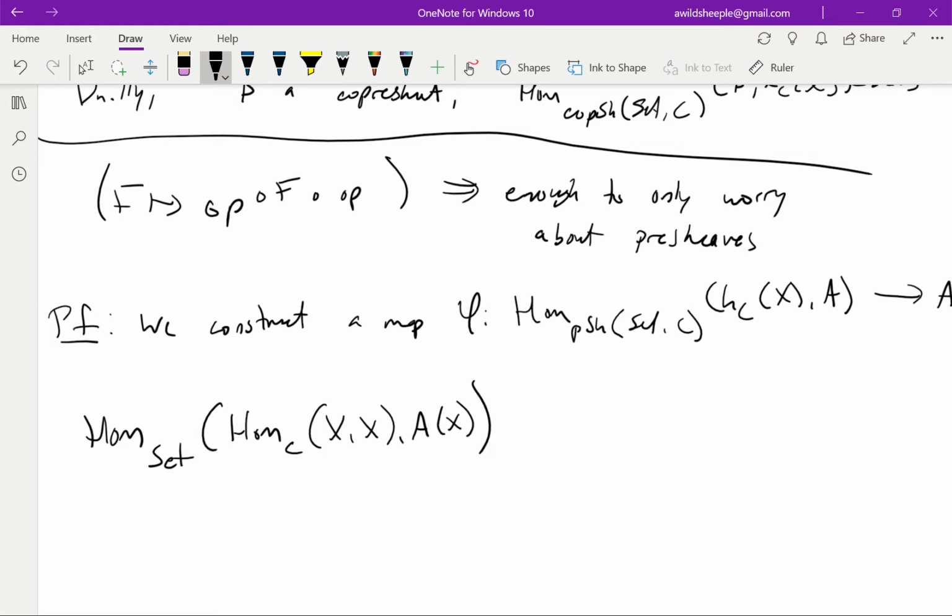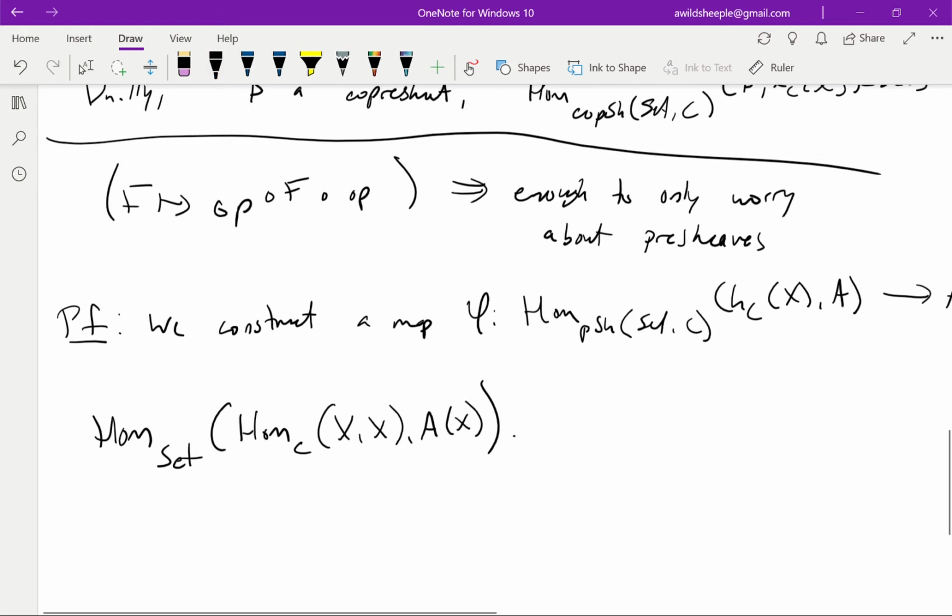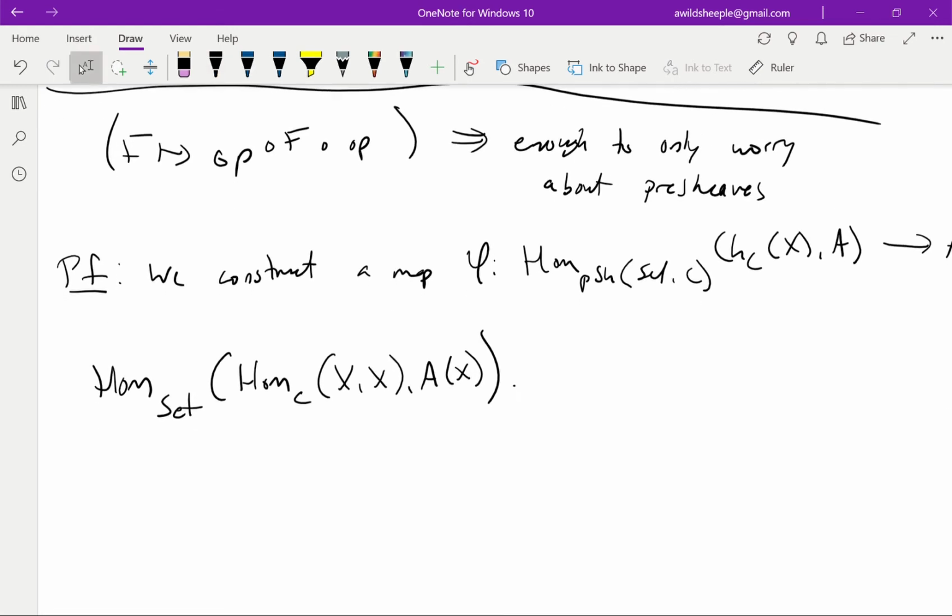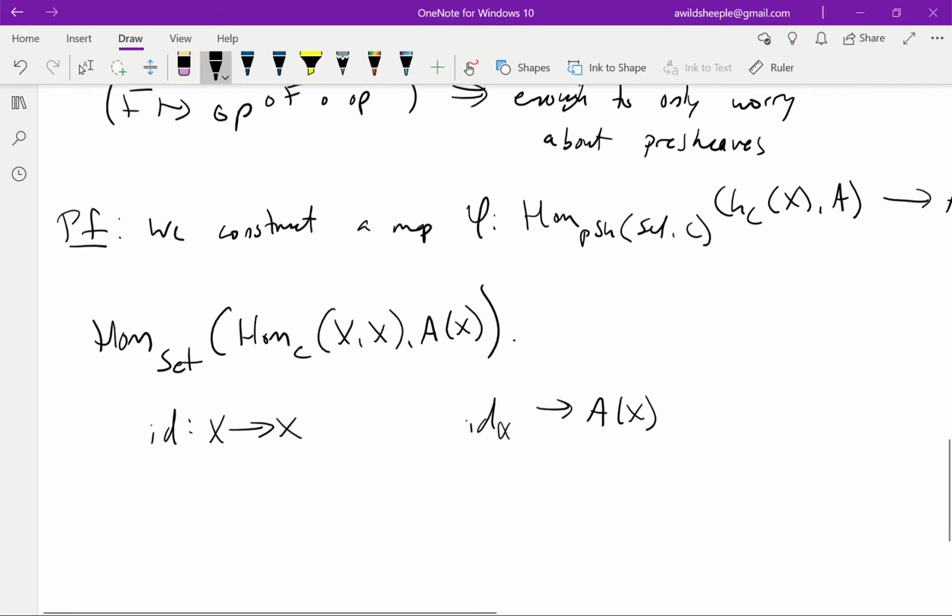Now, we have a special map, X to X, right? In fact, in full generality, there's only one map X to X that we know is always there, and that's the identity map, X to X. So if I take the identity map, X to X, then I can look at all the maps from id_X to A of X. And that's simply A of X, just from the definition.